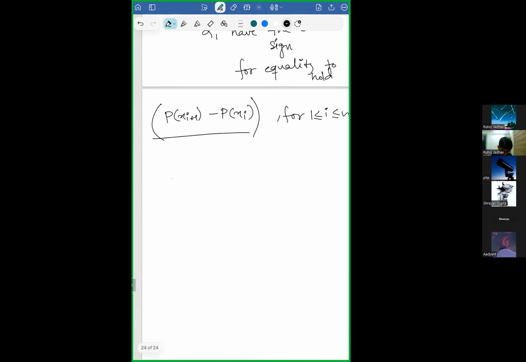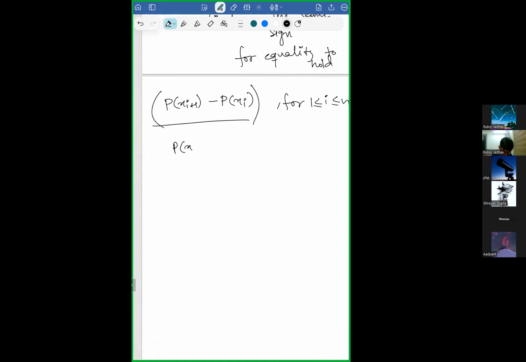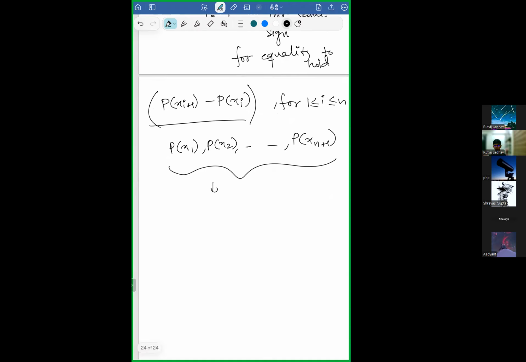If you consider the sequence p of x1, p of x2, and so on till p of xn plus 1, then this sequence is either non-increasing or non-decreasing. By non-increasing, I mean it either remains the same or decreases.